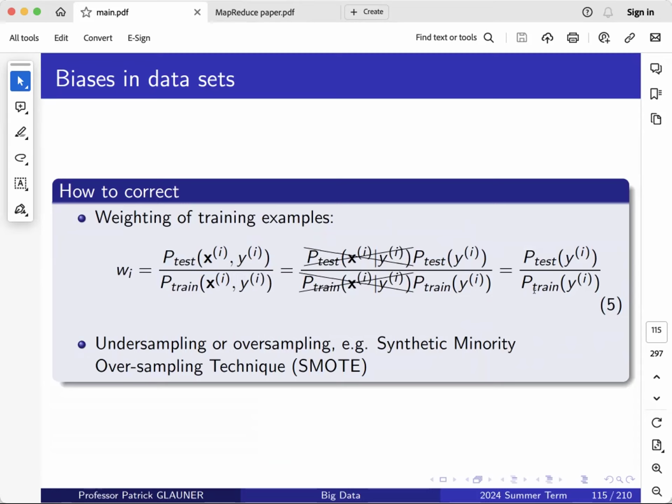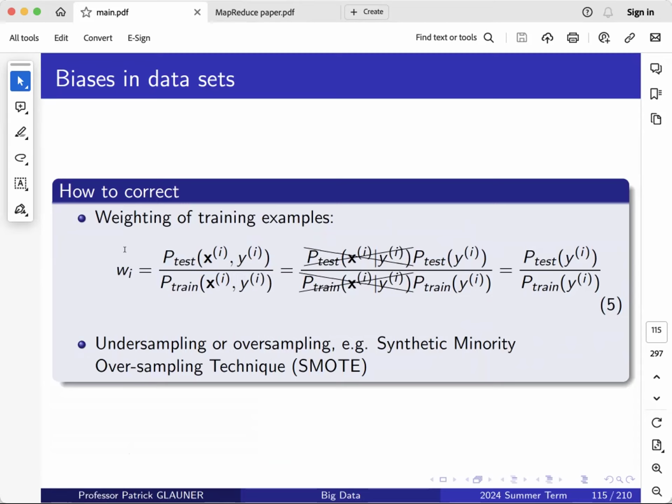And I can just calculate that, and what I get is a weight. Calculating this weight is now very simple, because all I need to do is count the labels per class. And if I have done this, I have my weight. I can plug in the weight for training. I could also do other things with the weight.